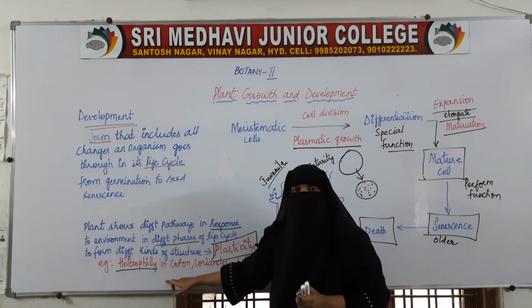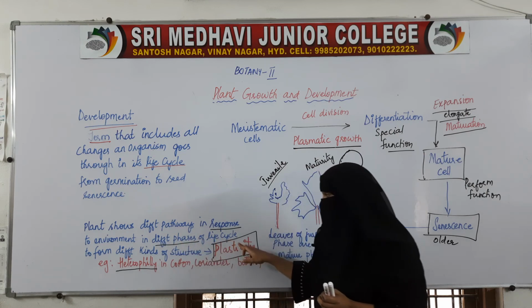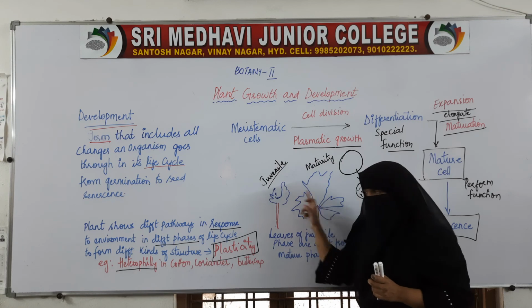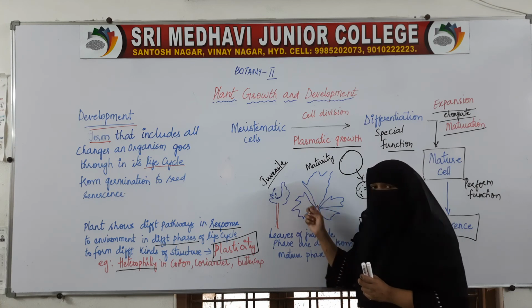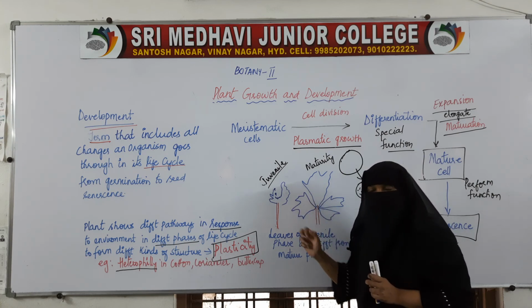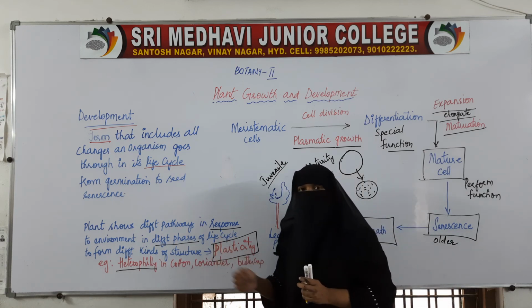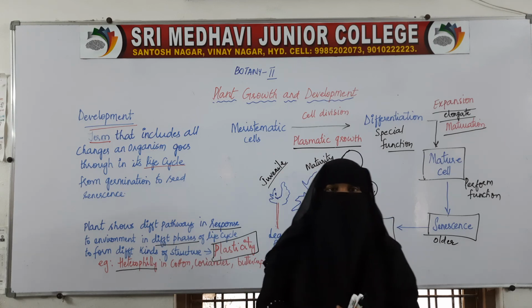The ability of a plant to show heterophylly according to environmental conditions is called plasticity. Changes in the structure in different phases are called heterophylly, and the ability of a plant to undergo these changes according to the environmental conditions is called plasticity.